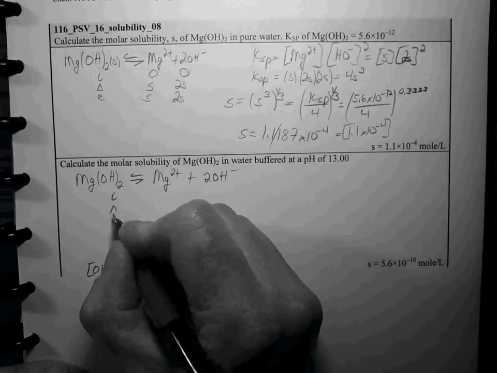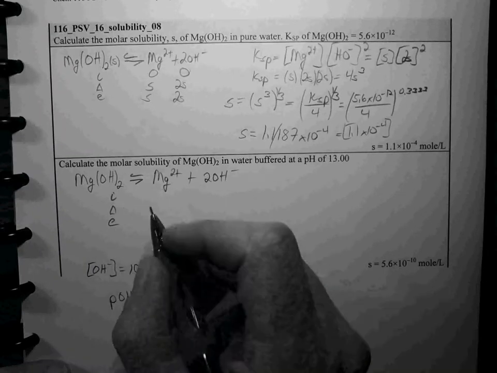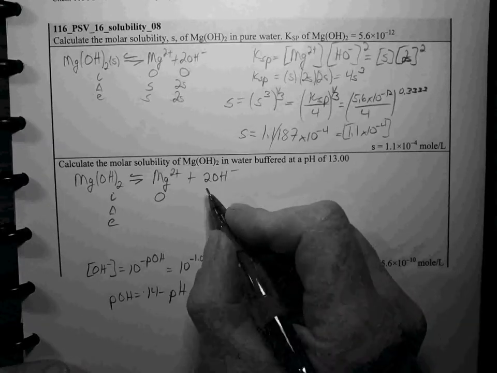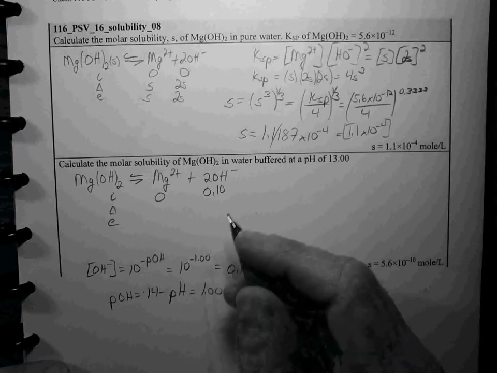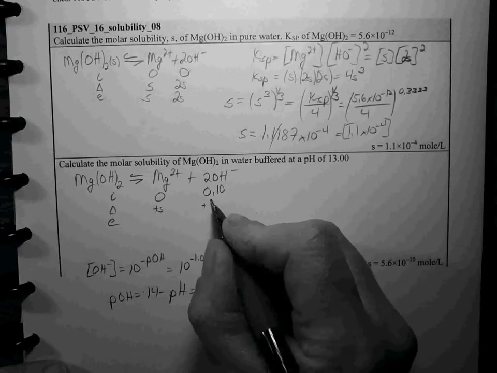And we need to take extra care setting up our equilibrium table, our ICE table. While we don't have any magnesium, we have 0.10 molar hydroxide at the start. So we're going to gain S, we're going to gain 2S.